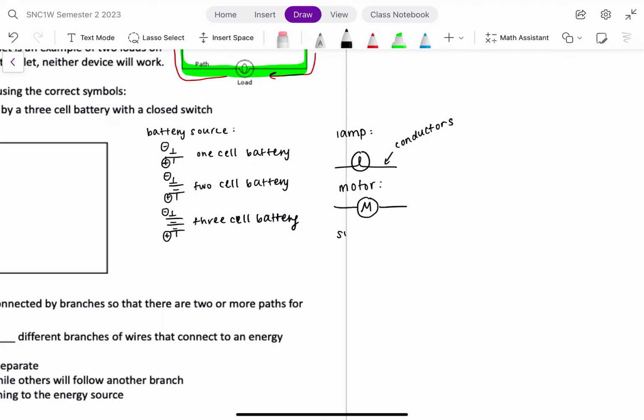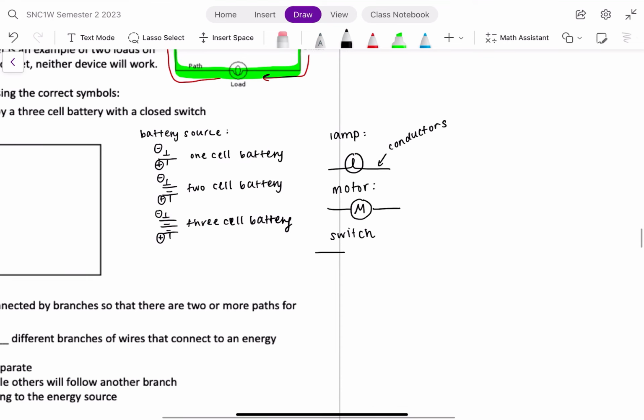We also have the switch. So when you go to turn on a light and you flip it up, you have closed your switch. So this is a closed switch. When you turn off your light, we have an open switch.